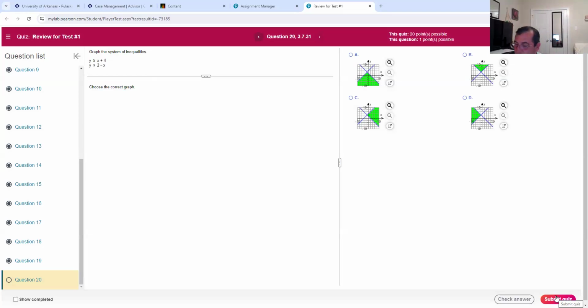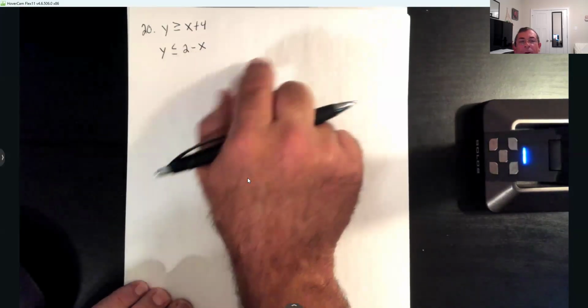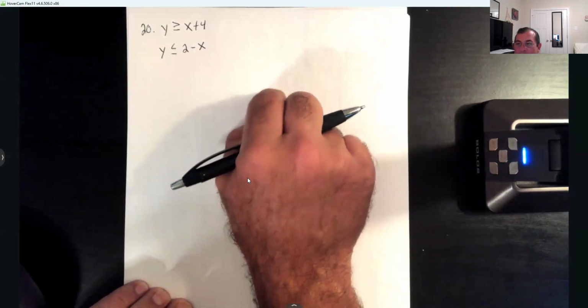All right, y'all, so let me write number 20 down real quick. So y is greater than or equal to x plus 4. Y is less than or equal to 2 minus x. So really on this one, you're just shading two graphs and you're going to look for where that double shaded area is, okay?